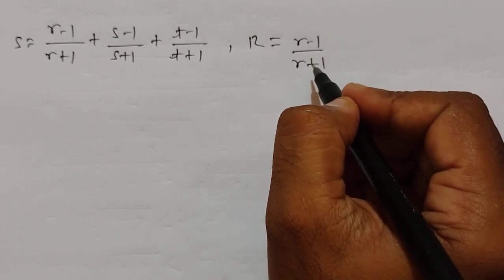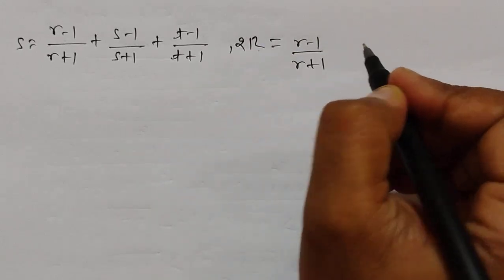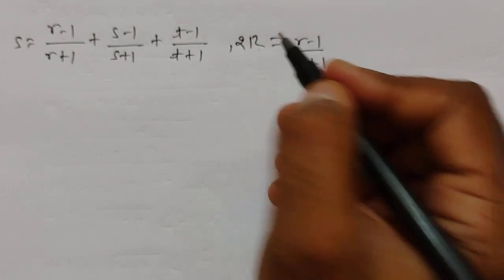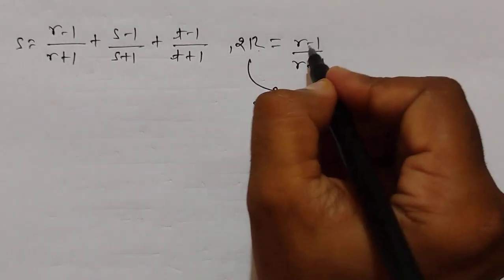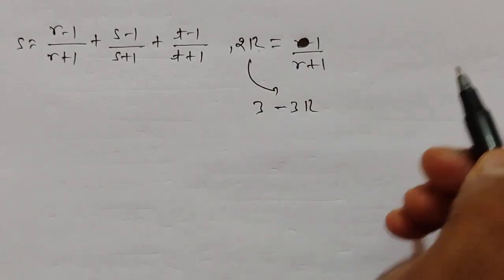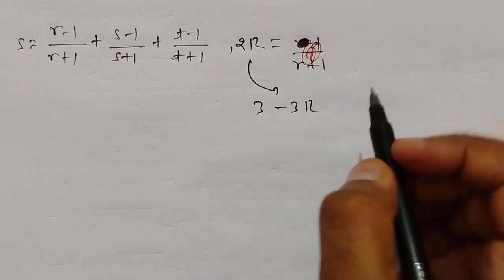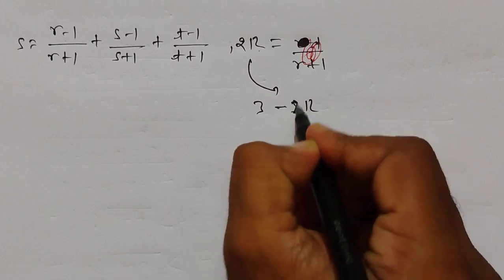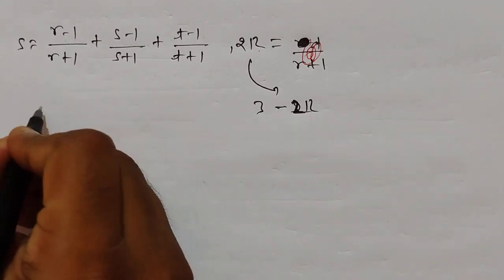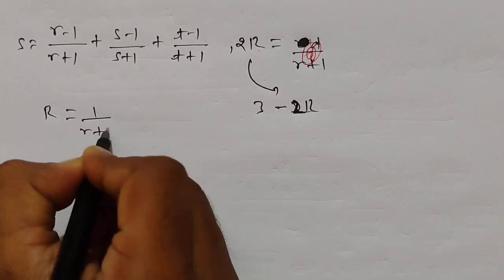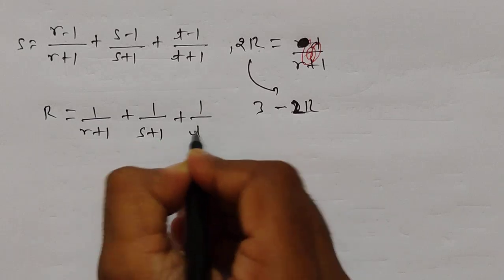If we multiply this by 2 and subtract from 3, we get 3 minus 2 times the sum of 1/(r plus 1) plus 1/(s plus 1) plus 1/(t plus 1).